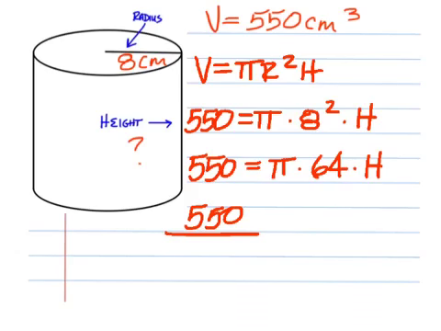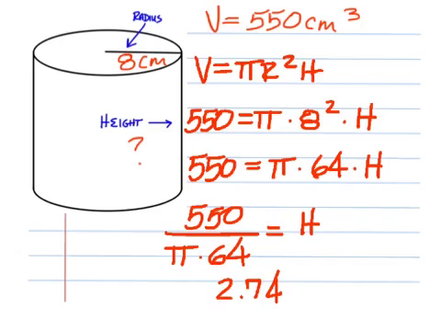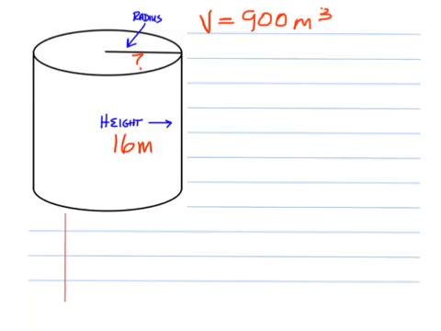And then divide 550 by the product of pi times 64. When you do that, you're typing in 550 divided by, left-hand parenthesis, pi symbol times 64, right-hand parenthesis, and come back with 2.74 centimeters for the value of h.